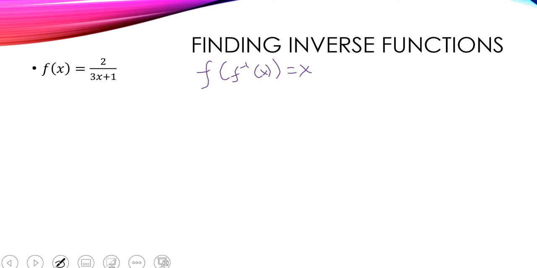The outside function is f, the inside function is f inverse. So f of f inverse of x should equal x. So I've substituted my inverse for the x value there.